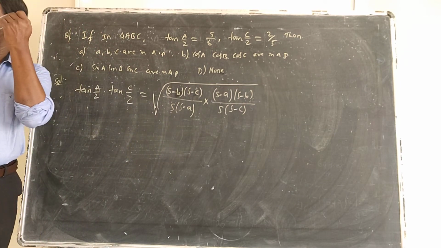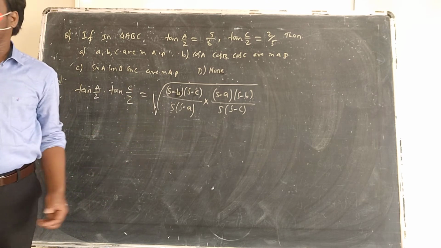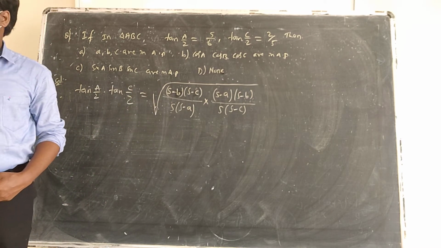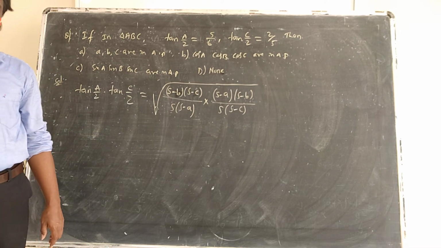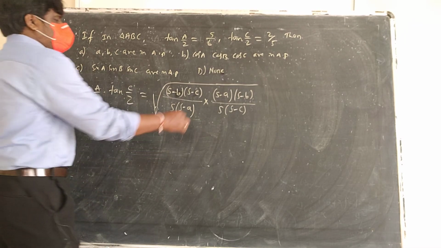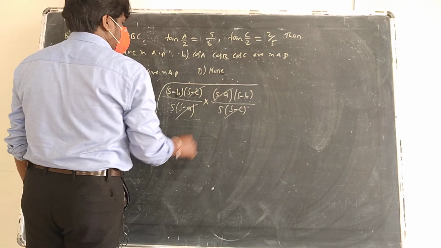So the half angle law, yesterday, check it once. Tan A/2 is the square root of (S minus B)(S minus C) by S(S minus A), and tan C/2 is the square root of (S minus A)(S minus B) by S(S minus C). So S minus C cancels out, S minus A cancels out.